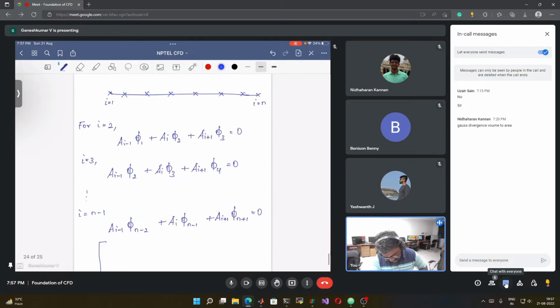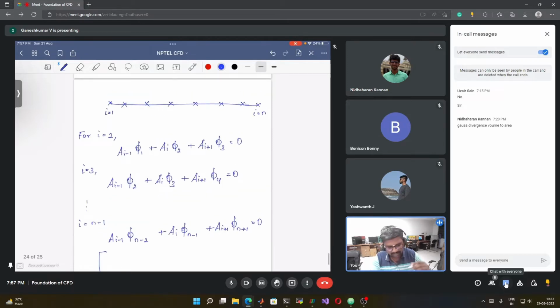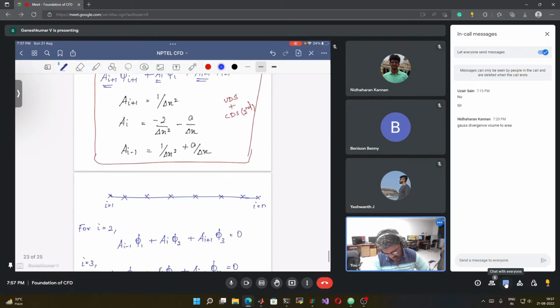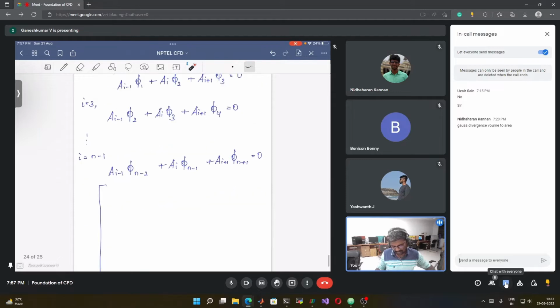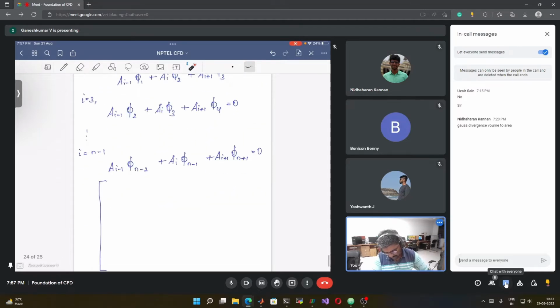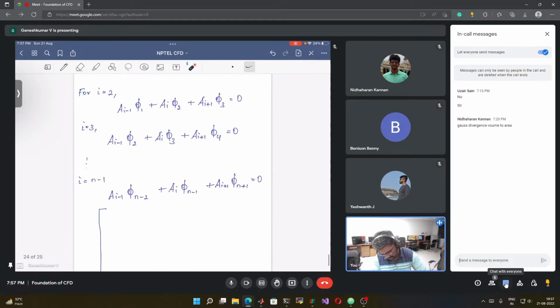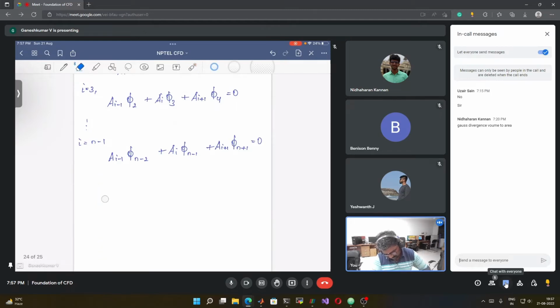So is this clear till now? How did I write for each and every node? It actually comes from this discretized equation. I substituted I equal to 2 to n minus 1 to get a different set of equations. Before putting it in a matrix form, we will do one more simplification.